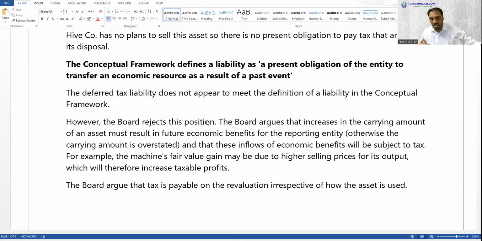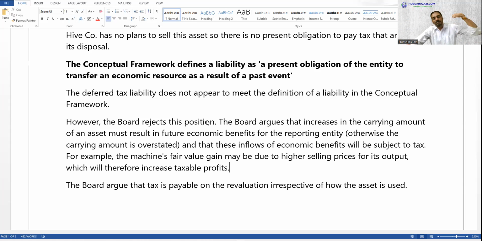So the board actually rejects the position with respect to the conflicts with the conceptual framework, where someone says not to recognize the deferred tax liability because there is no liability. The board says that whatever asset you are recognizing or making a fair value adjustment on, you will get some future benefit by using the asset.